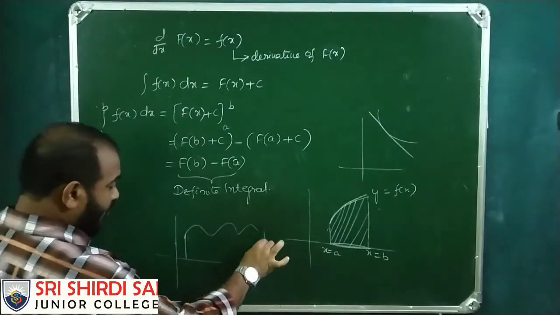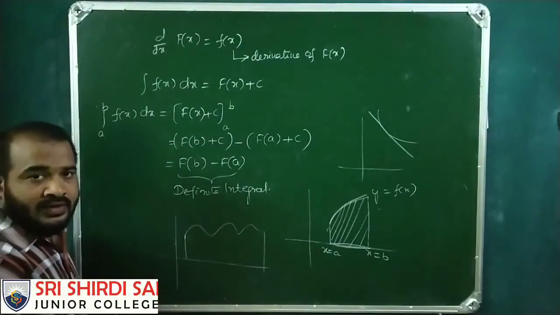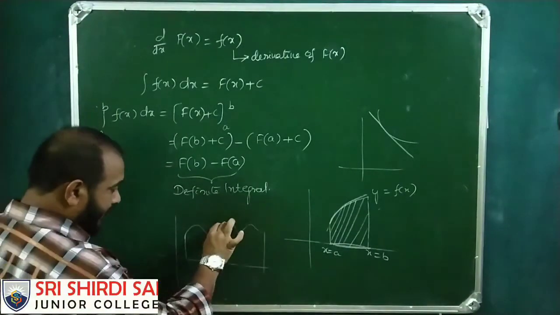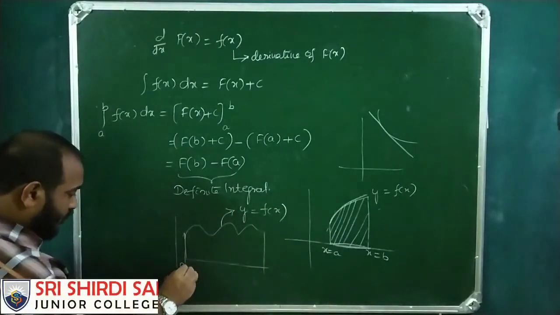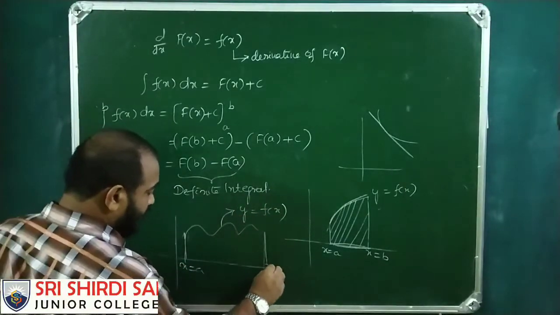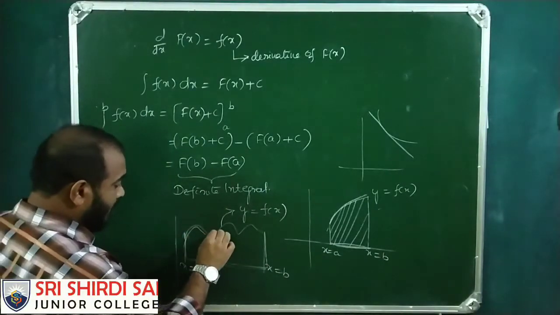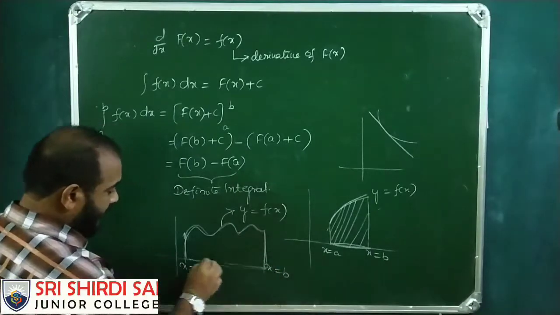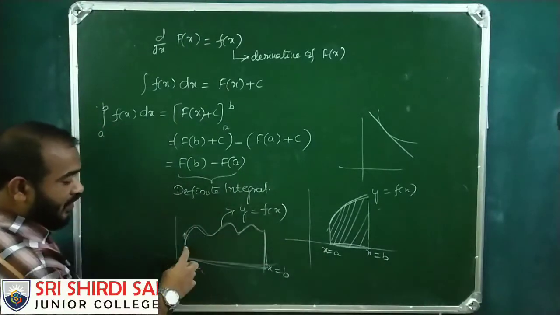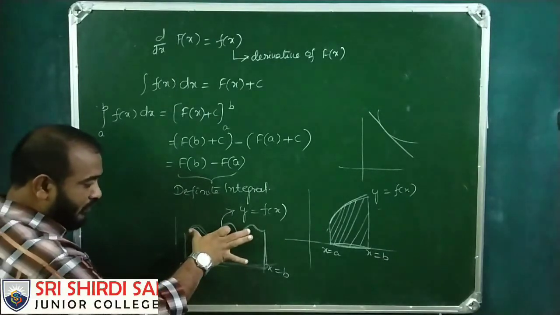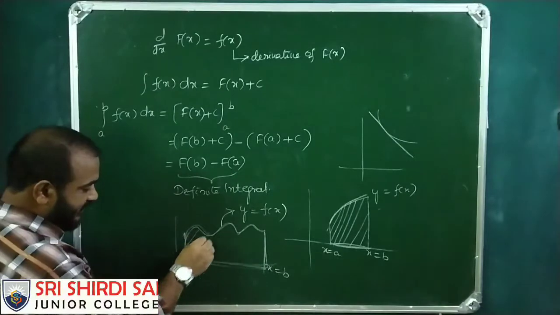So we need to evaluate the area of the region bounded by this typical curve y equals f of x, x equals a, x equals b and the x axis. Therefore it is totally bounded.